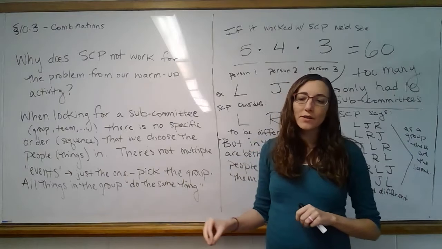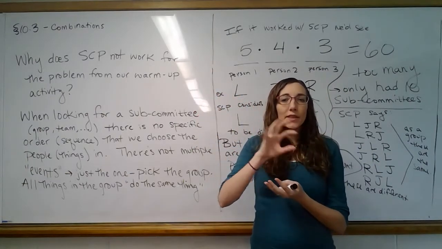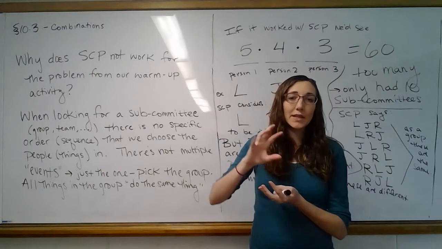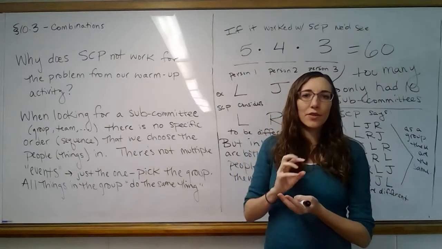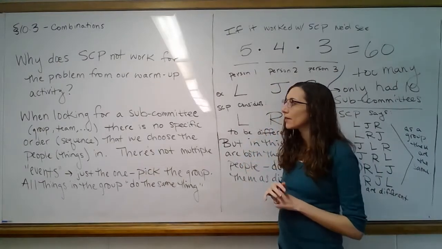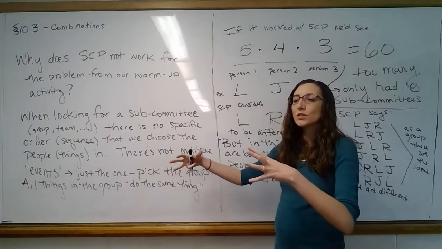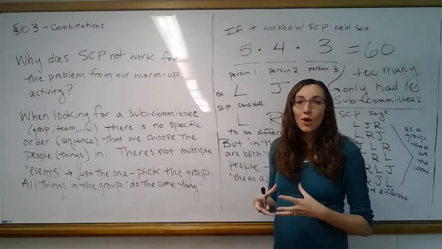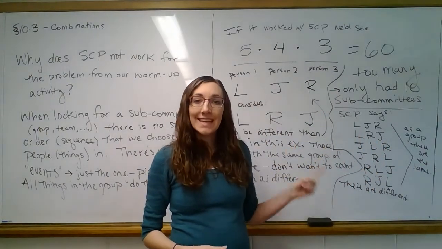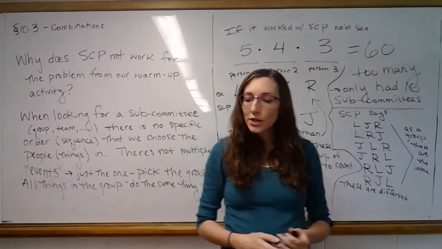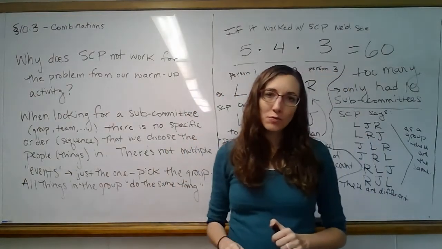Sequential counting requires either some sort of literal sequence, a first, second, third thing, or at least distinctions between the things. Somehow they're different from one another, as opposed to the types of problems we're looking at right now, where we're just selecting a group of things. I don't care what order I pick them in. All I care about is what's in the group. So in our next video, we'll talk about how we actually count this.